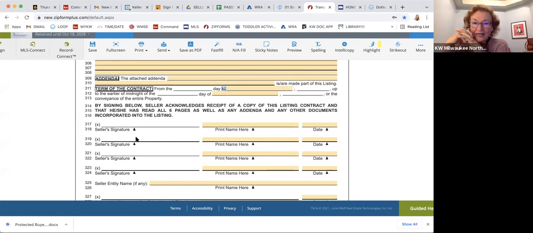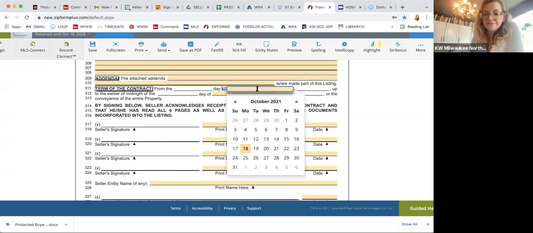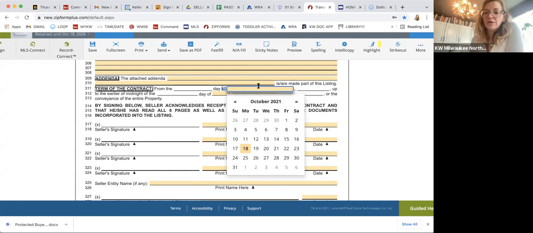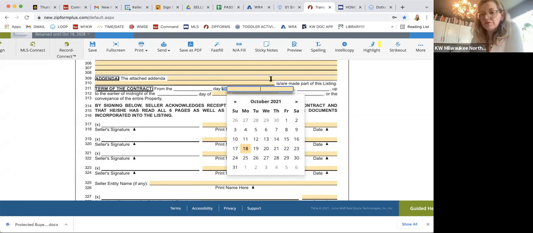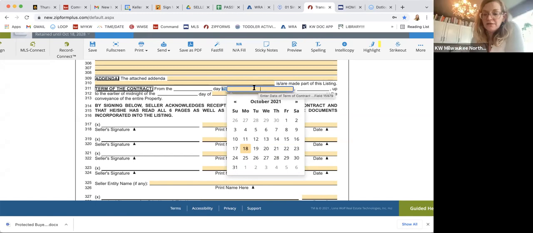And note that it's not the date that the seller signs on line 317. It's the date on line 311. So that will also inform what date you put in there, because you'll need to have your ducks in a row, pictures done, marketing lined up, so that you'll be able to get all of this done for that 48-hour period. Make sense?